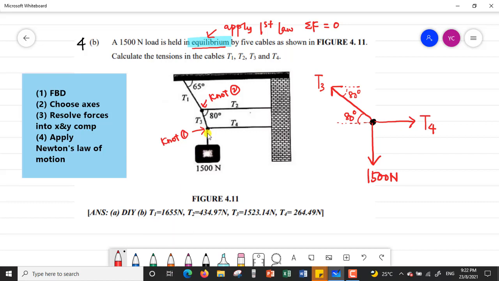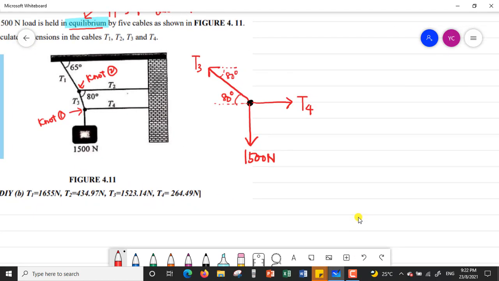And then we draw the free body diagram for the second knot here. So this is the knot. For that one, I'm going to have T1.